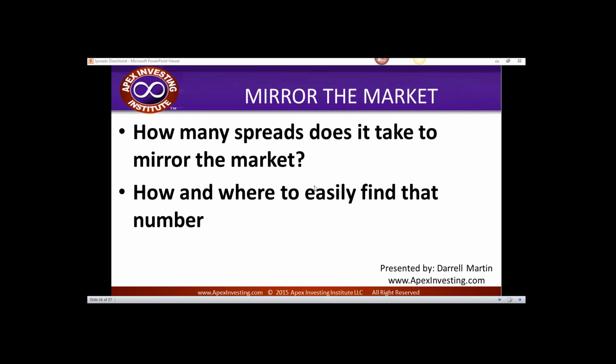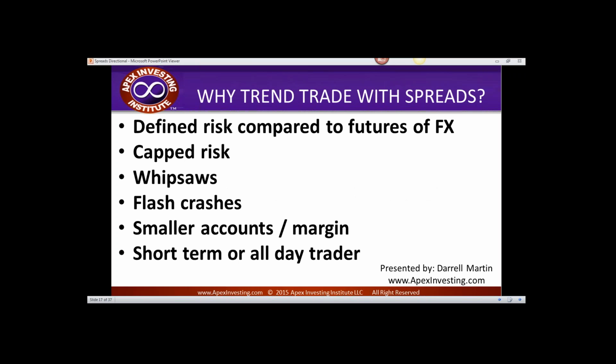It shows you on each of the markets, if you wanted to compare spreads to futures, how many Nadex spreads you would have to get to equal a future. All right. Now, what's the big difference there? Well, the big difference between trading futures and spreads is their defined risk. A futures contract moves $10 a tick.